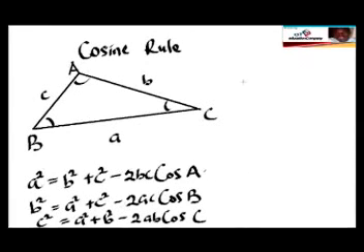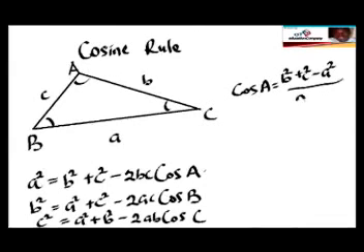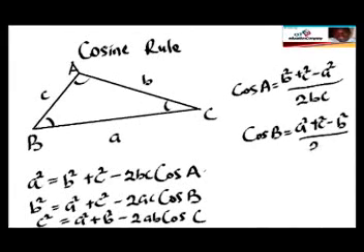Now this is used for solving sides, and each time you want to solve for your angle, you make the angle part the subject of the formula. So you're going to have cos A is equal to b square plus c square minus a square all over 2bc, or you have cos B is equal to a square plus c square minus b square all over 2ac.